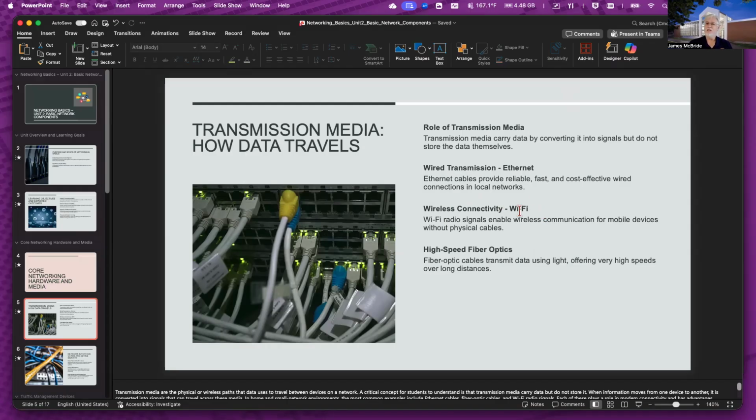Wi-Fi is basically an adaptation of Ethernet, and it puts it on the radio waves. Radio signals are used for radar. You connect to a satellite, radio signals. You connect to a cell network, radio signals. You connect to a Wi-Fi network, radio signals. And they're all different types of radio signals.